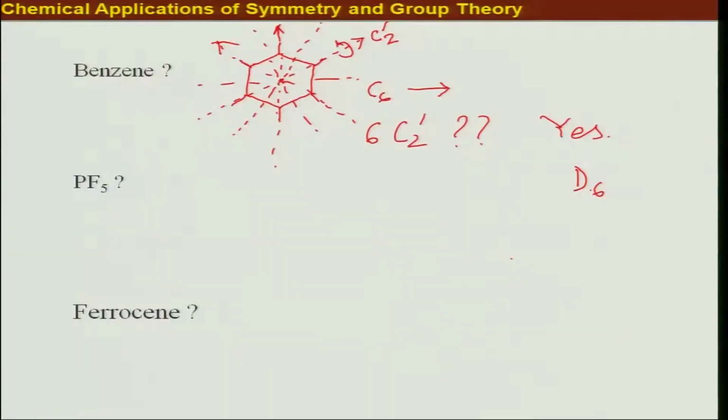Hence, I have a sigma H. So if the question is asked about sigma H, the answer is again yes. So ultimately my point group is D6h. That is very easy. Now you can see that there are a lot of symmetry elements present there, and a lot of symmetry operations will be generated from that.